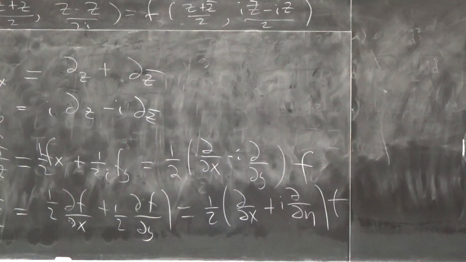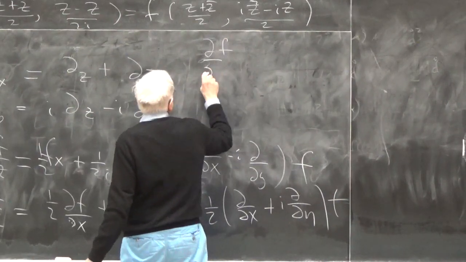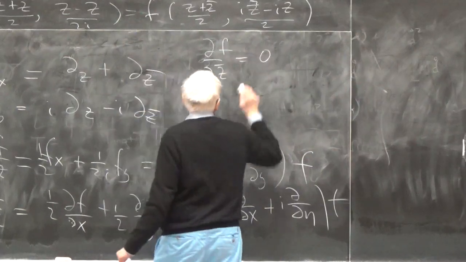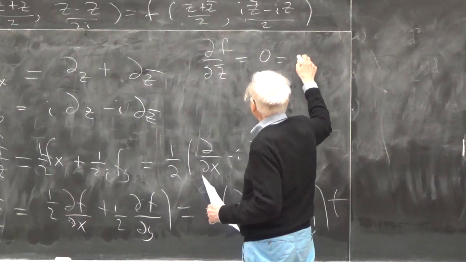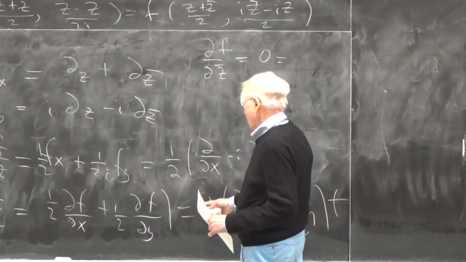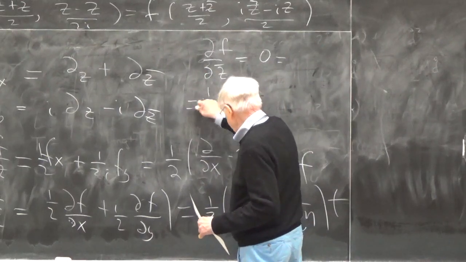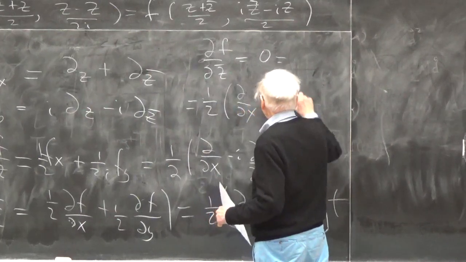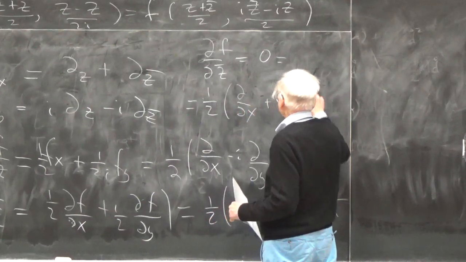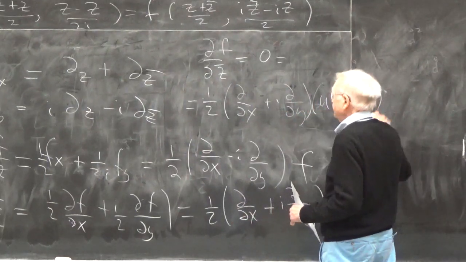And in particular, you can say, well, what happens if the derivative of f with respect to z bar is equal to 0? Well, that's the statement that the z bar derivative, this is 1/2 the x derivative plus i times the y derivative of f, and f is u plus iv.